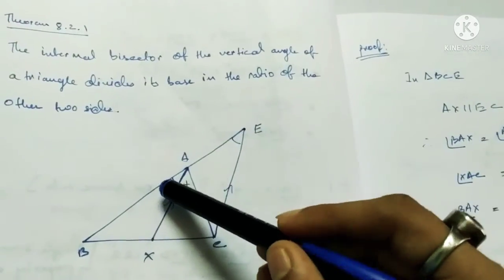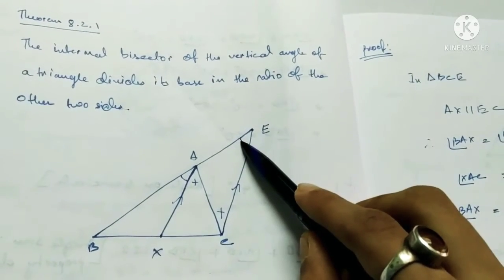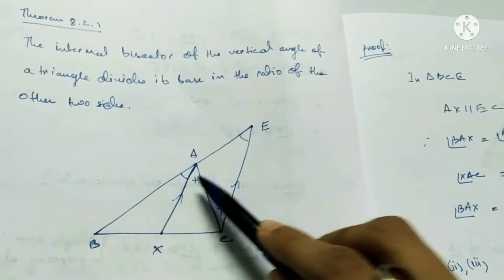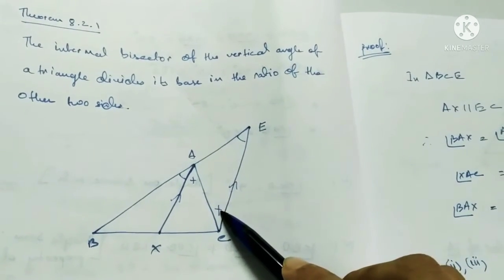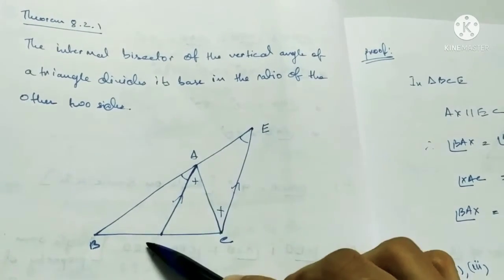First of all, I got this angle equal to this angle, corresponding angles. This angle is equal to this angle, alternate angles. And this angle is equal to this angle, because AX is the bisector.